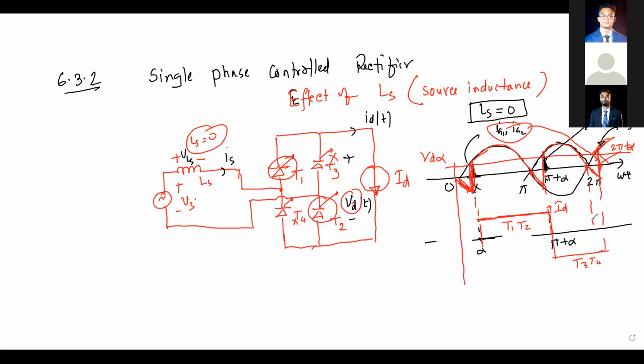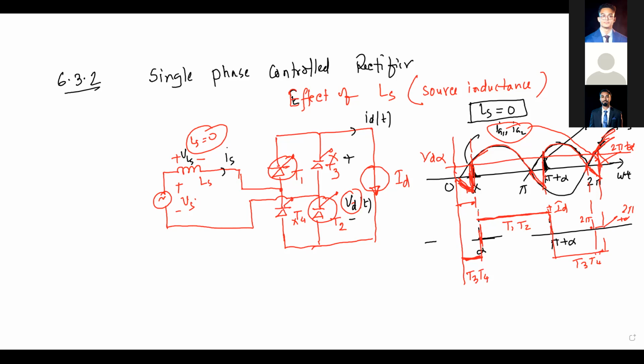And look here, this is your twice pi, and this is your twice pi plus alpha. So that will also be negative current. So this will be your T3 and T4, right? You got my point? Yes, sir. This portion will be equivalent to twice pi plus alpha, because this is also the starting of the cycle.